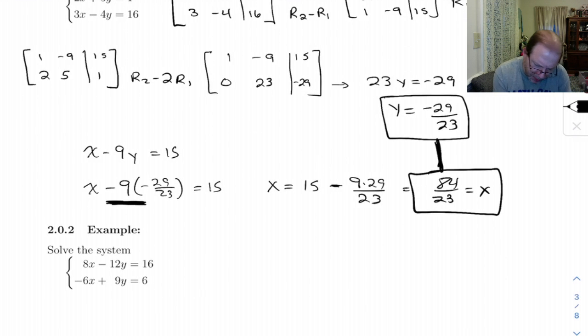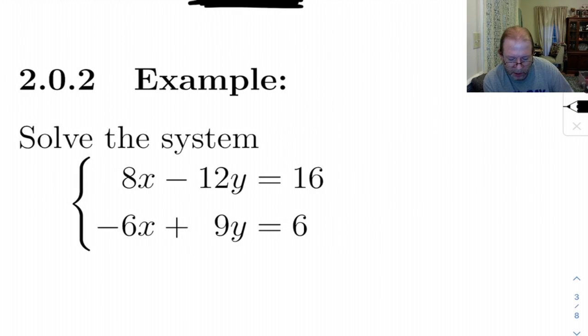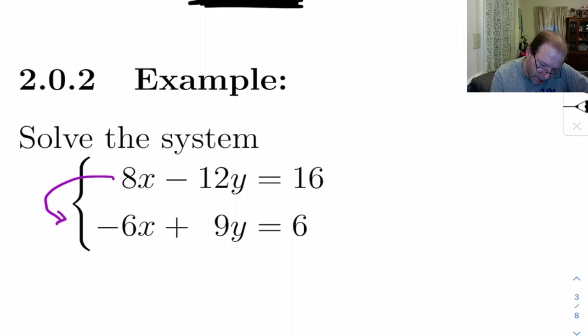Let's look at this next one. But before we do it, let's look at it and see if we can figure out how many solutions it has. Are these two lines parallel? Let's see. If we take the top one and multiply by 3/4 and change the sign, that would give us negative 6.